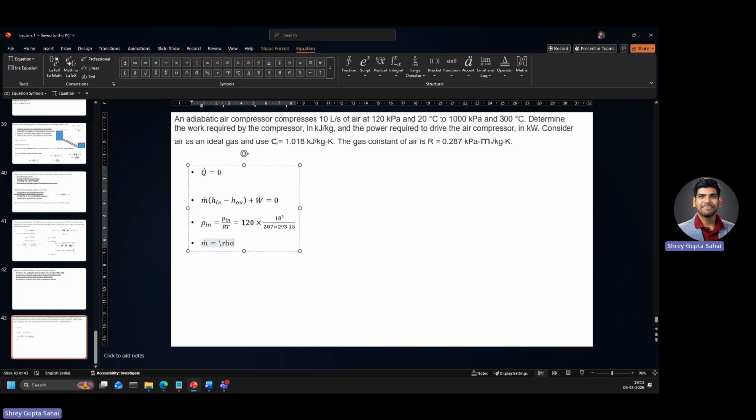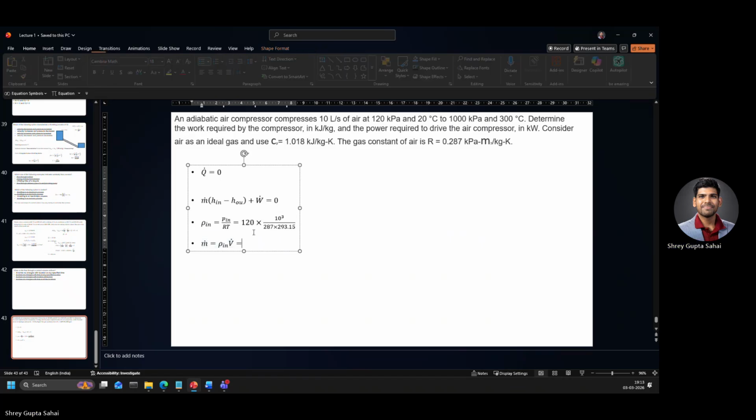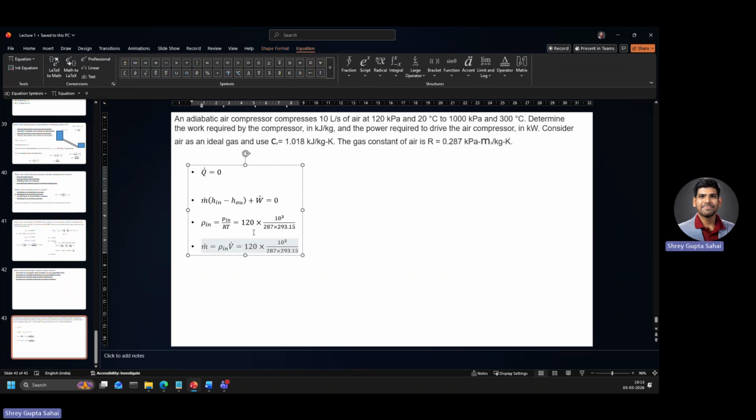This will be rho in into V dot, the volumetric flow rate, which is 10 liters per second. Note that 1 meter cube has 1000 liters, so you convert this into meter cube per second.